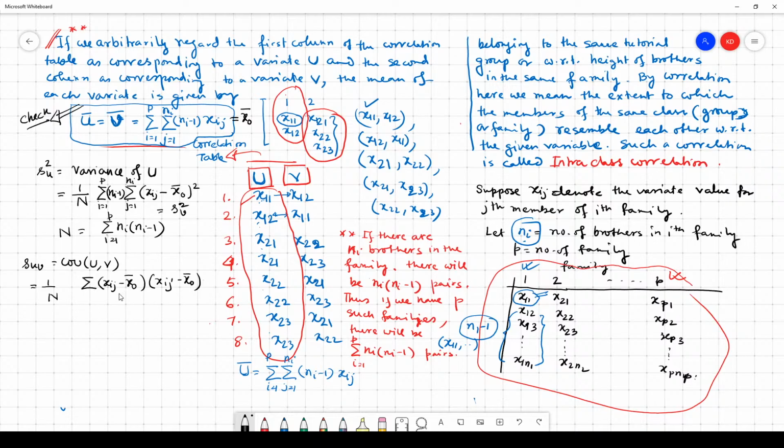Just consider the ith family and two members of this family, that is j and j dash. These appear exactly once, so j and j dash run from 1 to capital Ni, summed over i from 1 to p since there are p families. And j should not be equal to j dash, because I consider two different family members of the same family.